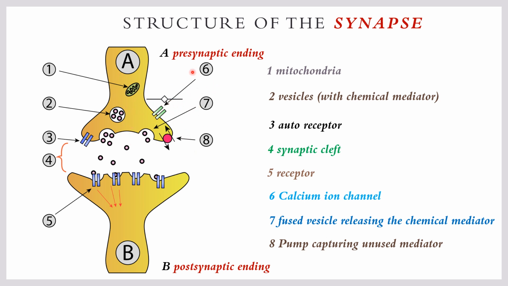This will make the calcium enter the cell, and the calcium will bind to the vesicles and make the vesicles bind to the membrane, and the vesicle will release the neurotransmitter in the synaptic cleft.